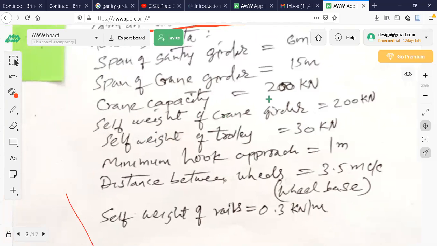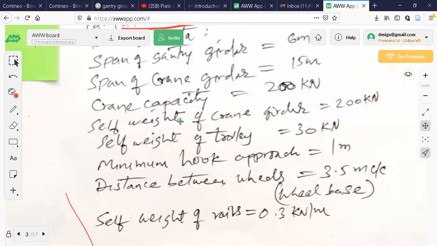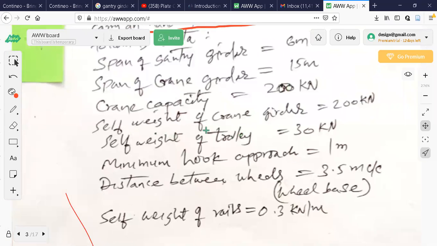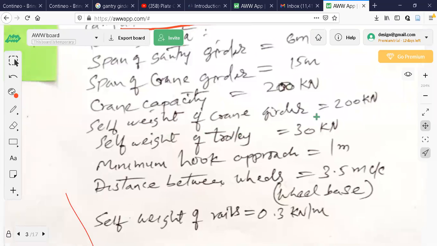Crane capacity is 200 kN. Crane capacity means how much load I can lift. Based on that only I have to design the gantry girders. So the crane lifting capacity is 200 kilonewton. Self weight of the crane girder is given as 200 kN. See, both are same. Not every time.